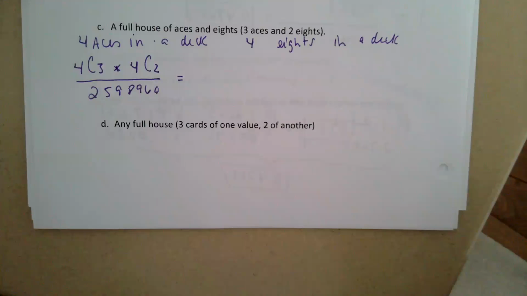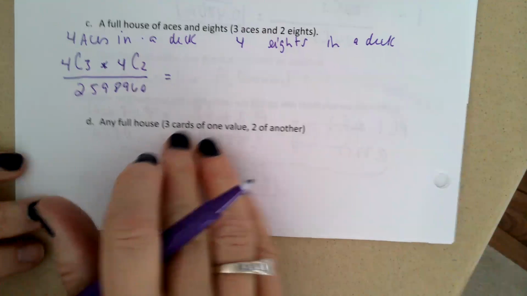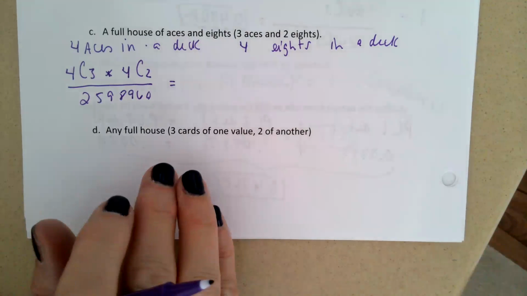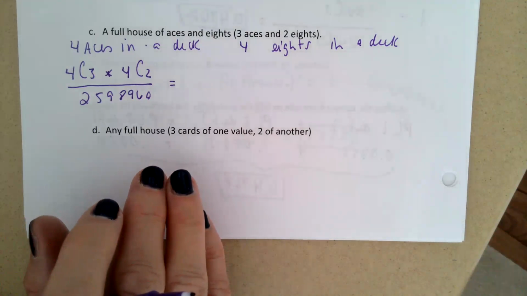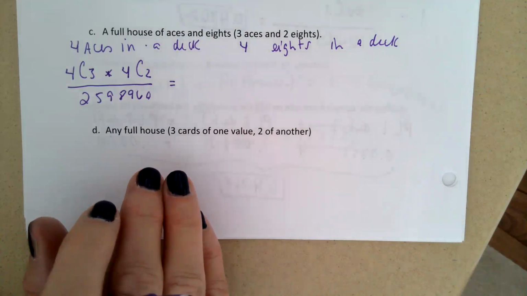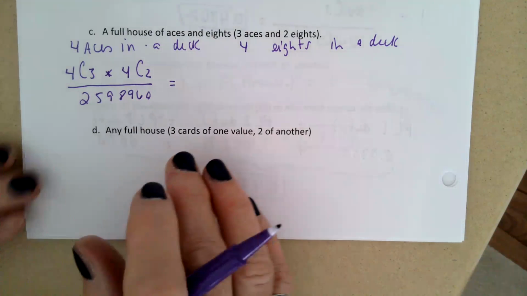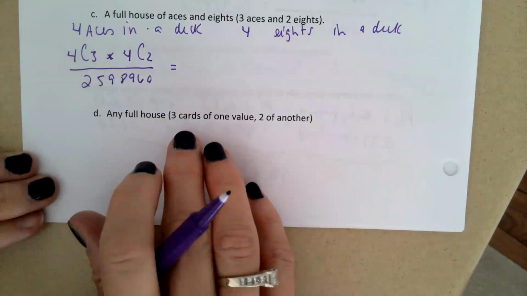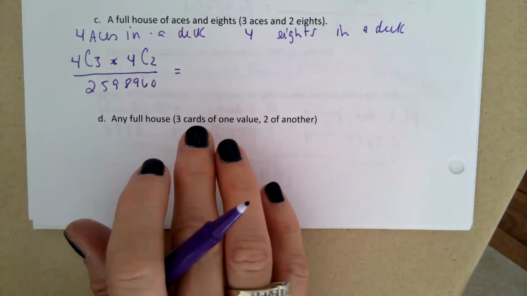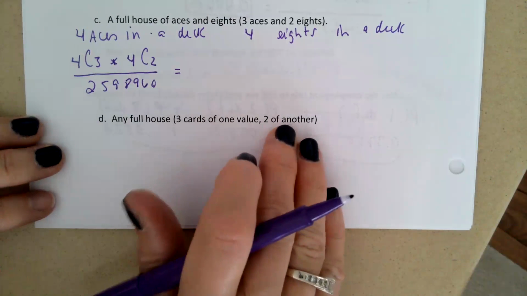And let's set up D while we're at it. D says any full house. So any full house means that we could have 13 different ways we could do that, because we have 13 ways we could pick one card, and then there's 12 other card numbers to pick for the second.